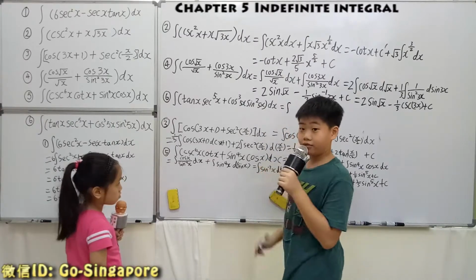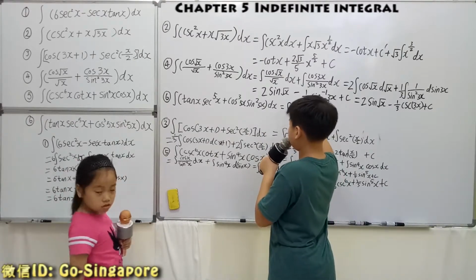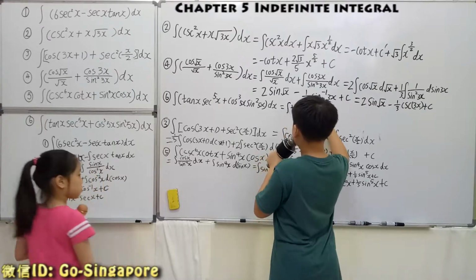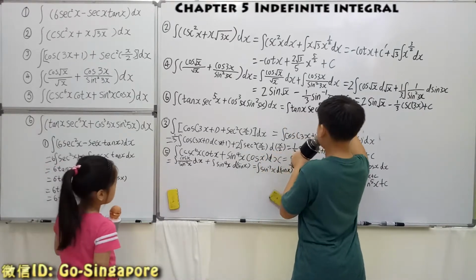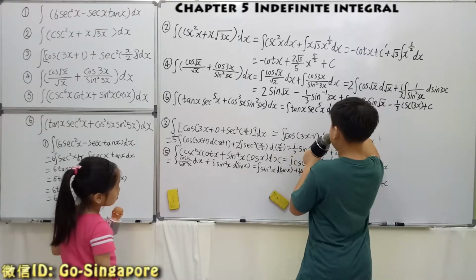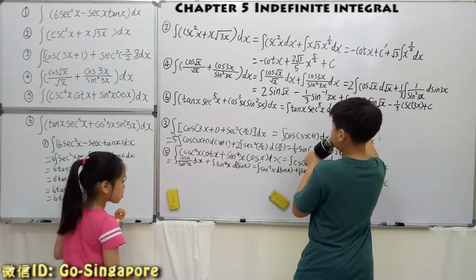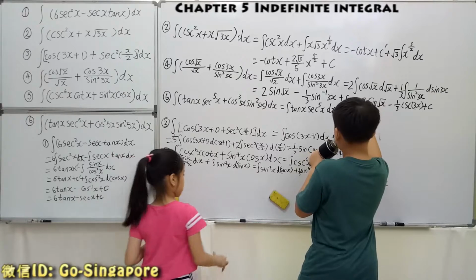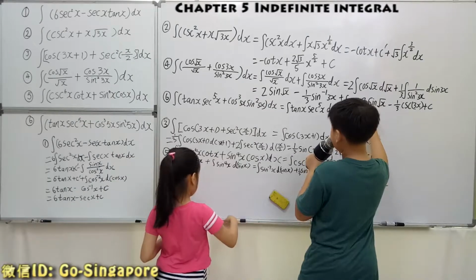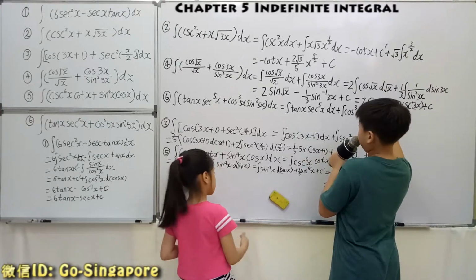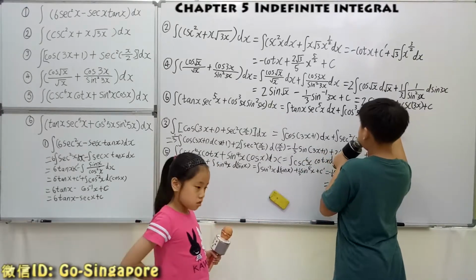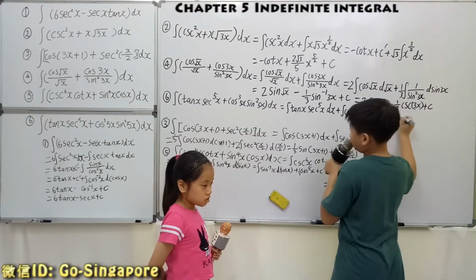So here we will have an integral of tangent x secant to the power of 5x dx. Then we can plus the integral of cosine cube 5x sine square 5x dx.